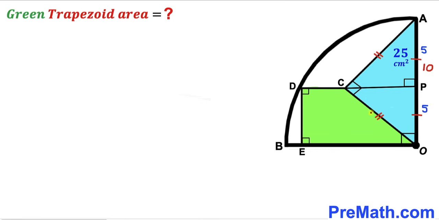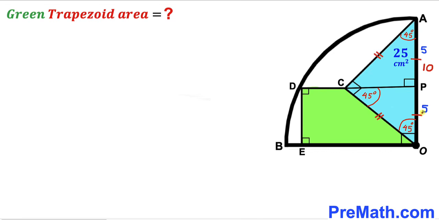Now let's make another observation. We can see this blue triangle is an isosceles triangle, and this angle is our 90-degree angle. Therefore, this angle has got to be 45 degrees and this angle is going to be 45 degrees as well. Now we know that this angle is 90 degrees, so in this triangle OPC, this angle is going to be 45 degrees as well.